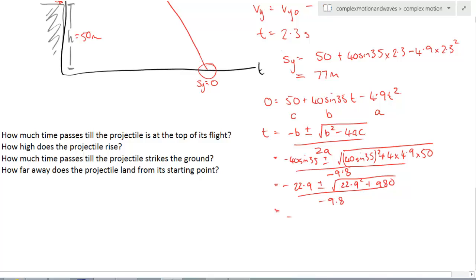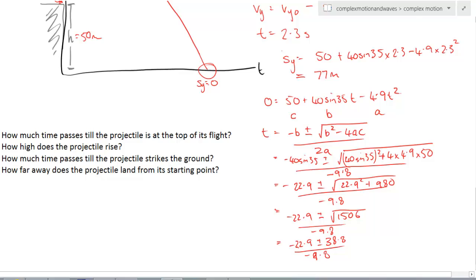One more line, minus 22.9 plus or minus the square root of 1506 all over minus 9.8, and then plus or minus 38.8. Remembering that you're always going to have two roots for this quadratic equation.